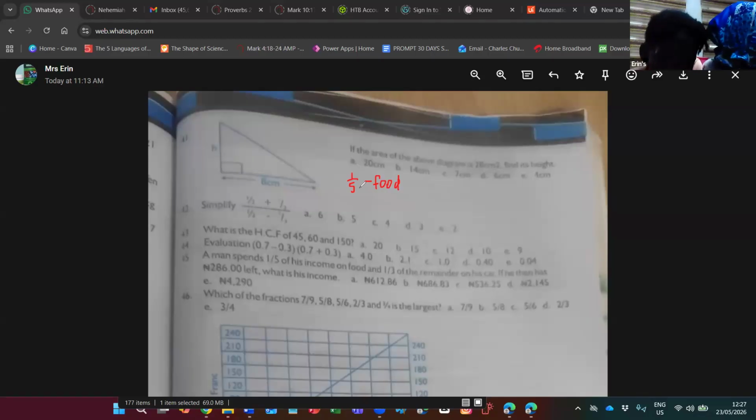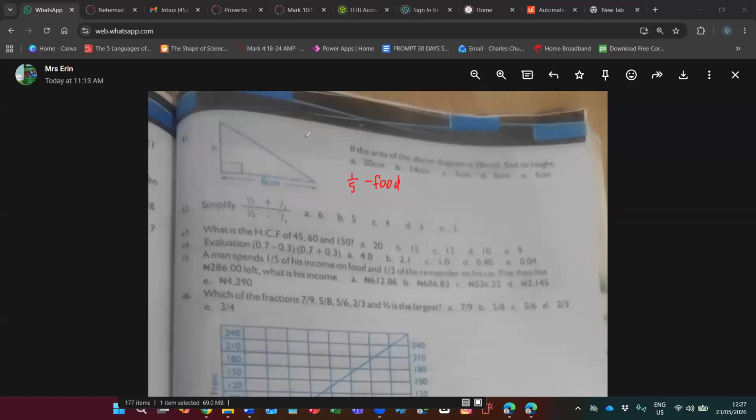I want you to understand something. Say 1/3 of the remainder. You have to ask yourself, what is that remainder? Now, who can tell me if I've taken 1/5 out of a full fraction, what will be the remainder of the fraction?